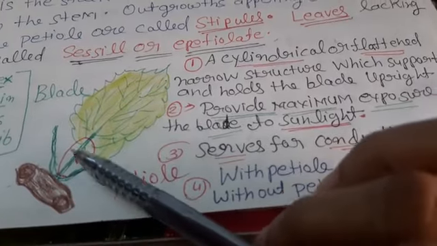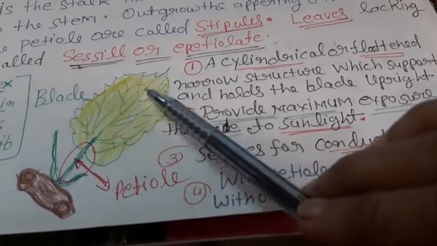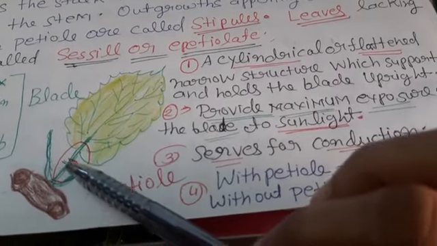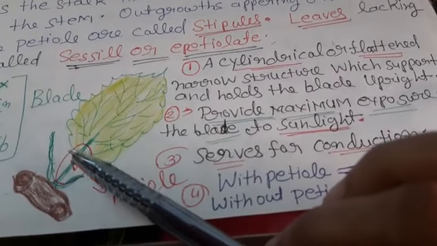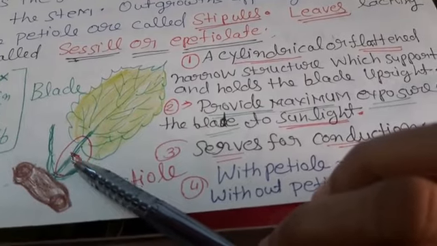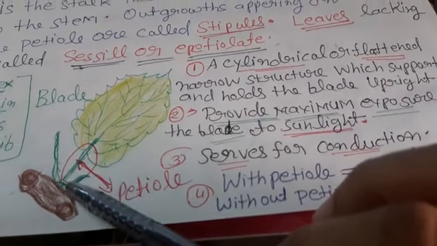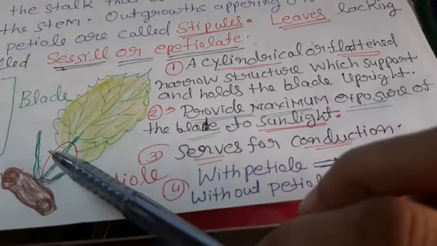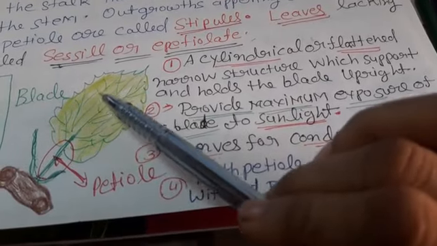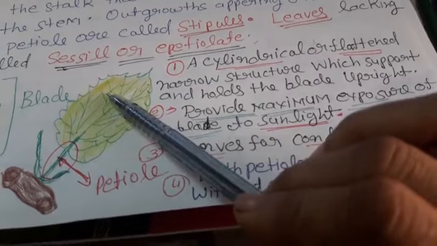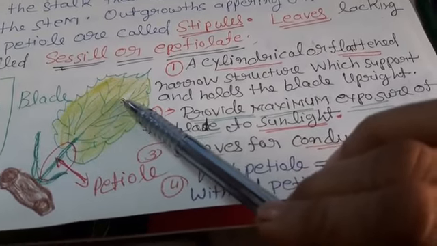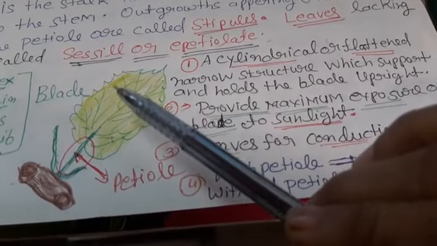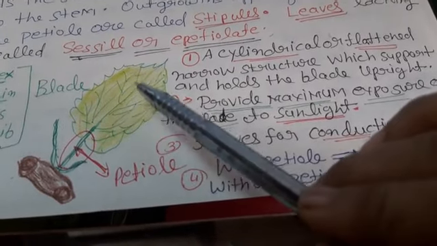The petiole also provides maximum exposure of the blade to sunlight.